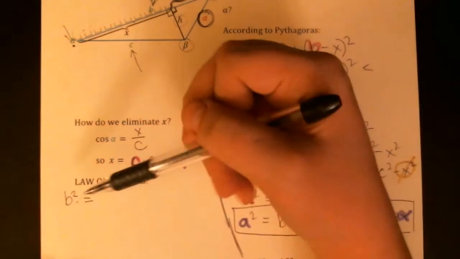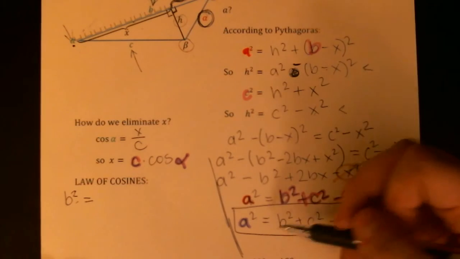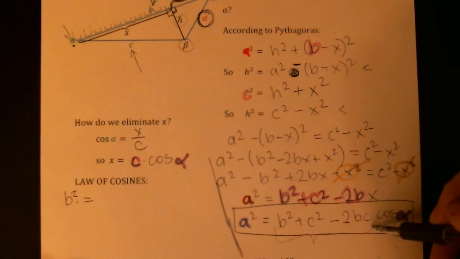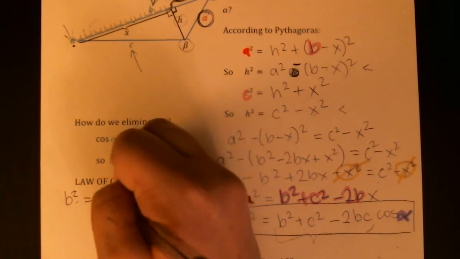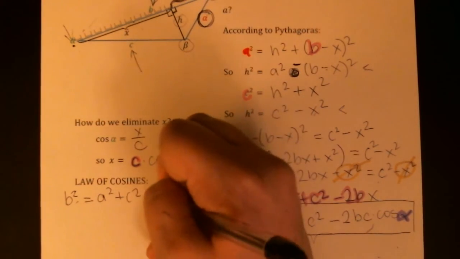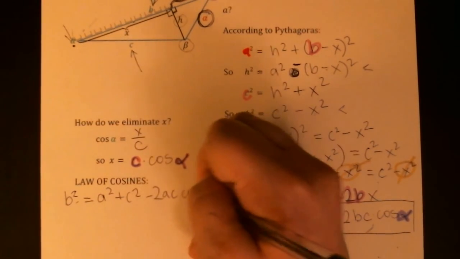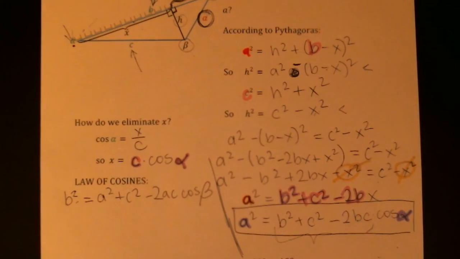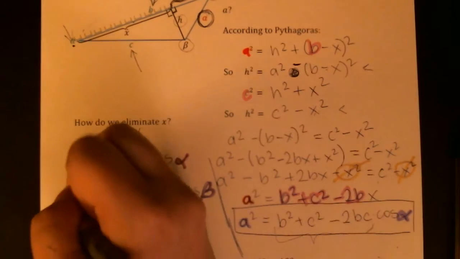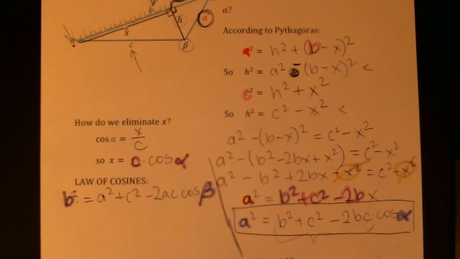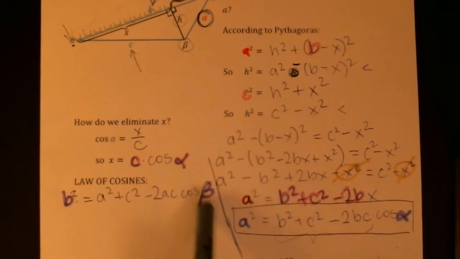So if this is going to have b squared by itself, then I need information about a and c in all that first stuff. So it's going to be a squared plus c squared minus 2ac cosine beta. And again, really pay attention. This is what generally determines which version you want to use: which angle you have. So if you have an angle beta, you have to choose the version that has b by itself.